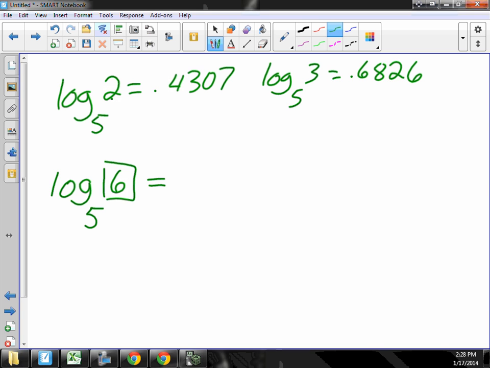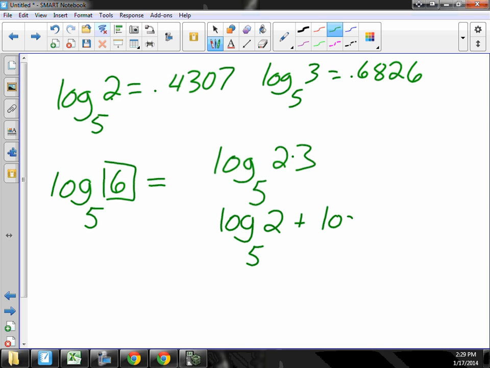Yes, so this would be log base 5 of 2 times 3, right? Well, if I have log base 5 of 2 times 3, can I split that? Yes, it's the log base 5 of 2 plus log base 5 of 3.